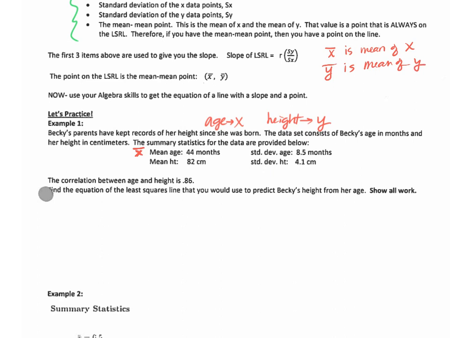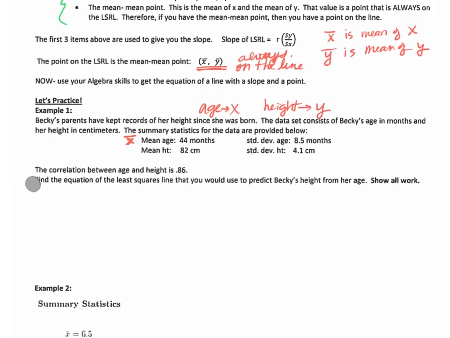And this mean point is always on the line. X bar is the mean of x, y bar is the mean of y, and the mean point is always on the line.